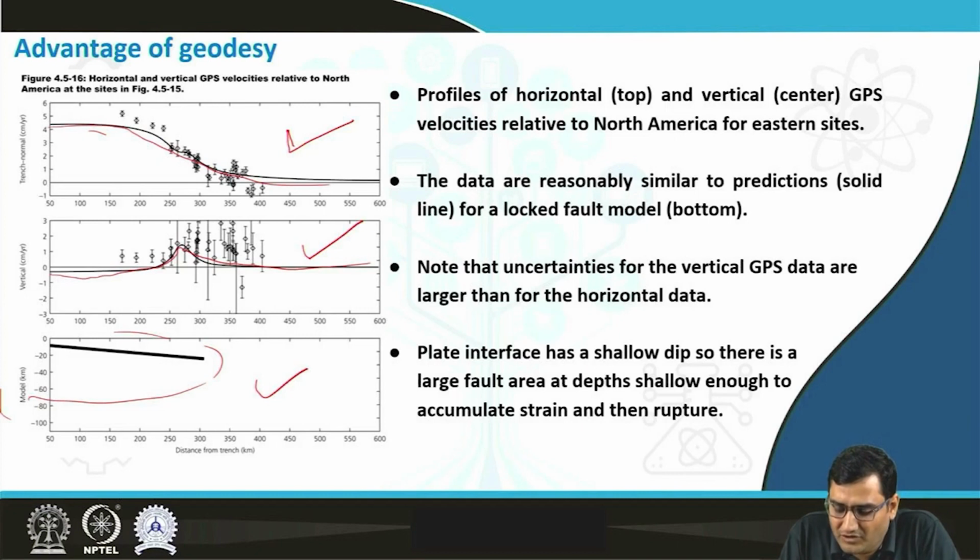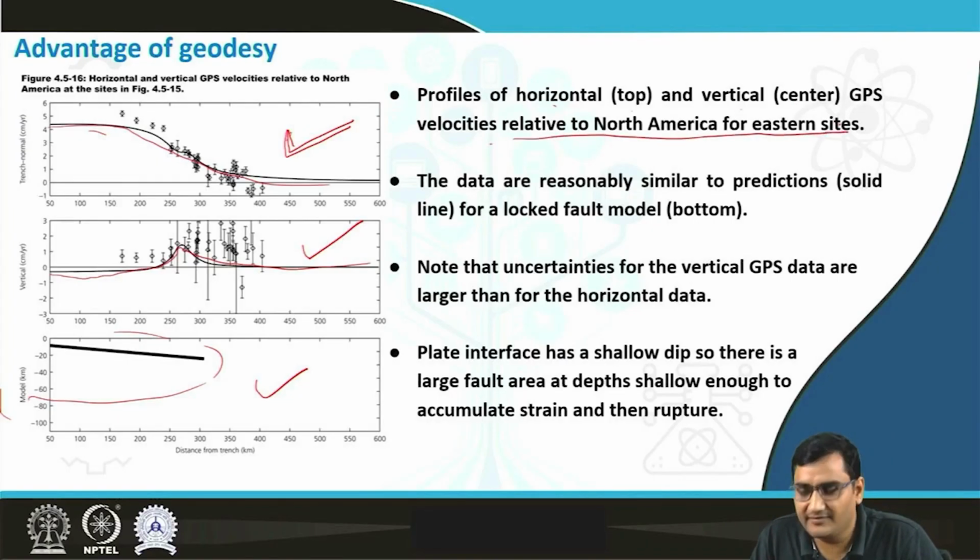What we observed here is that the horizontal velocities are matching quite well. Also the vertical velocities are matching quite well with the synthetic data. In the vertical case, the uncertainties are larger if you compare with the horizontal velocity data. So the profile of horizontal (top) and vertical (center) GPS velocities relative to North America for the eastern sides.